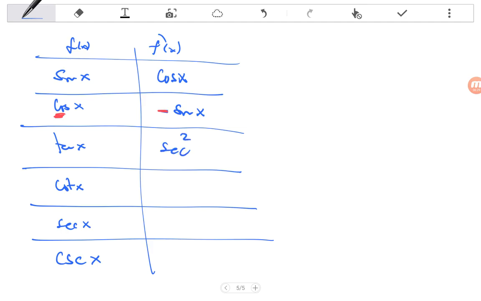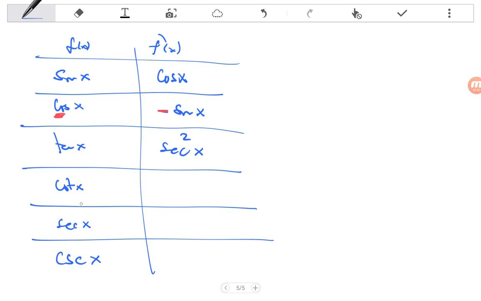It is known to be sec squared of x. All of these rules are derived or have proofs, such as we have made using the limit and so on. But we are just summarizing these proofs and all of this mathematics in that table, so we can use it as much as possible.